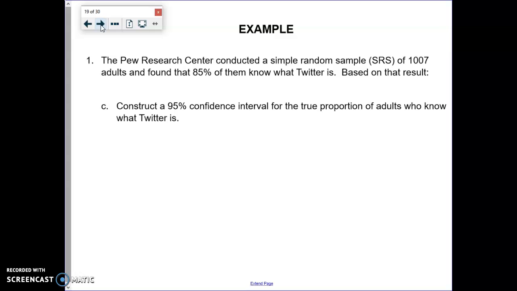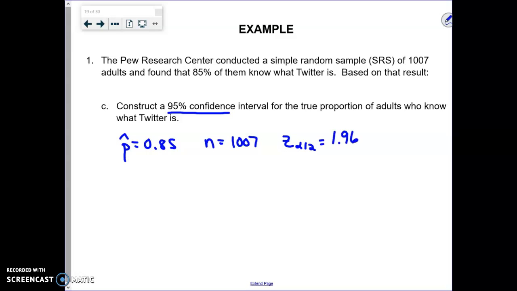So, if we're going to do this, a couple things we need to know. First of all, p hat was 0.85. 85% of adults said they knew what Twitter was from the sample. Our sample size was 1,007. Now, since it's a 95% level of confidence, our critical z value is going to be 1.96. How do I know that?